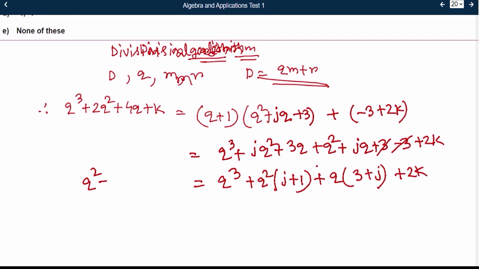Now the left side is q cube plus 2q square plus 4q plus k.